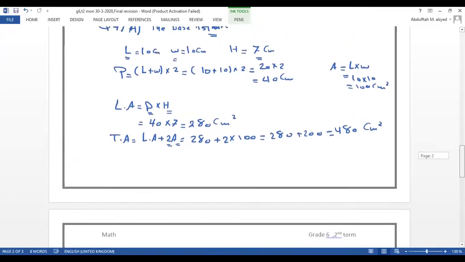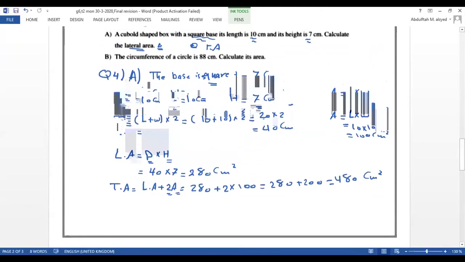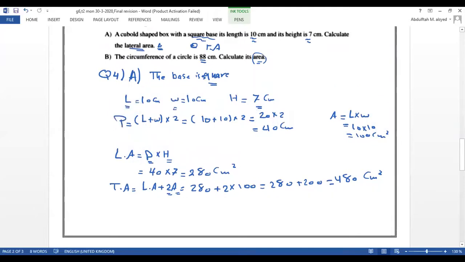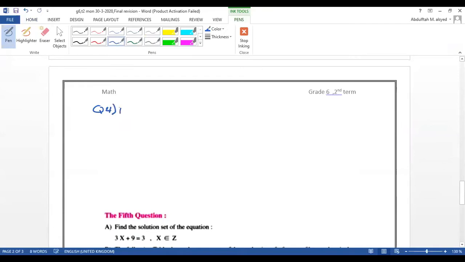Now the next problem. The circumference of a circle is 88 centimeters. Calculate its area. So the given is the circumference, and we want to find the area, so I have to find the radius first.